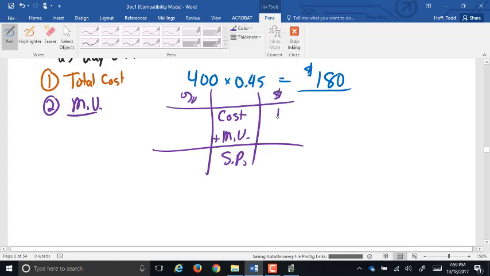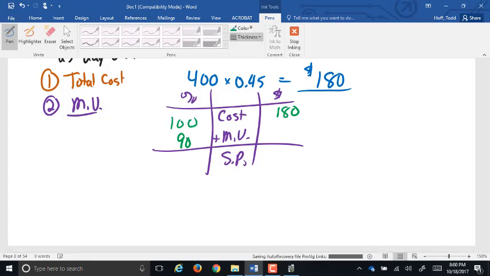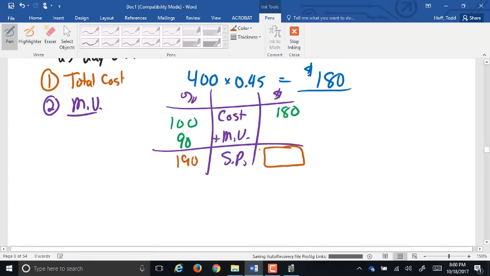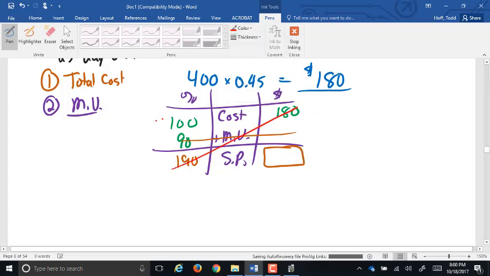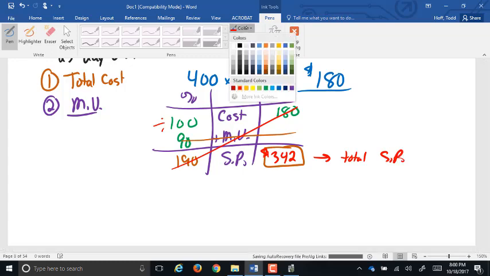That total cost of 180 bucks goes in there for the cost. 90% markup on cost. So 100 goes in the cost. 190 is the selling price. So 190 times 180 divided by 100 is 342. $342 is our total selling price.